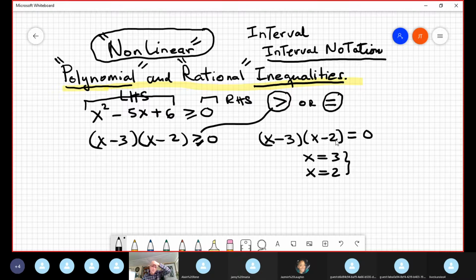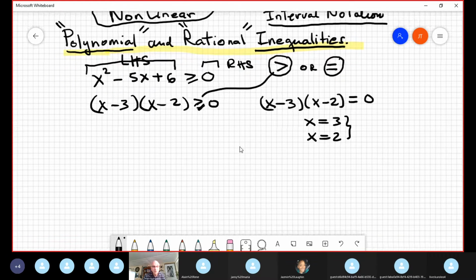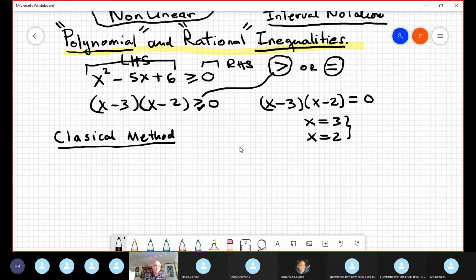Let's focus on the inequality part, greater than. Let me try to solve that problem using what I call the classical method. We have two methods; the first one is the classical method. I focus on the inequality part.